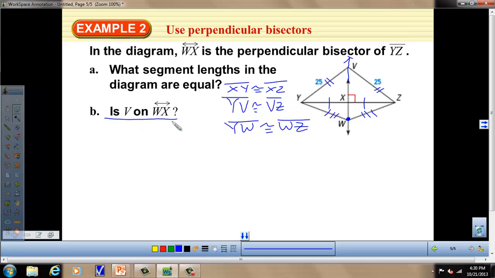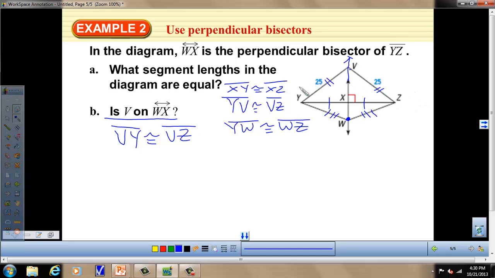Now it asks if V is on WX. If we look, the distance from V to Y, so VY, as we stated before, is congruent to VZ. So these two lengths are equal.